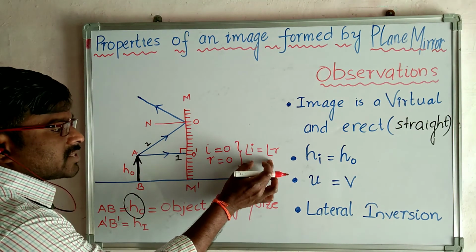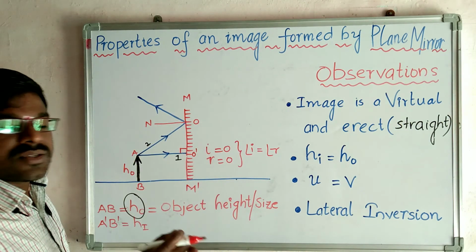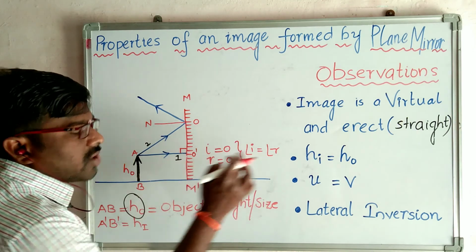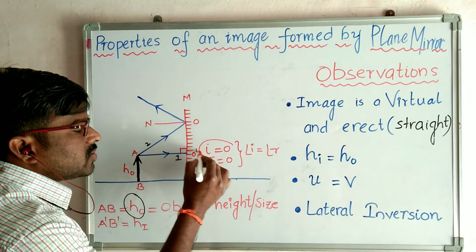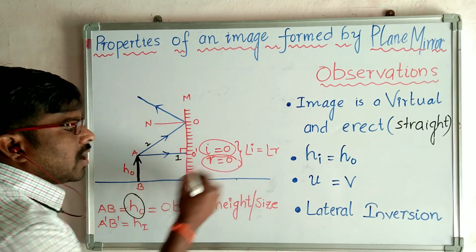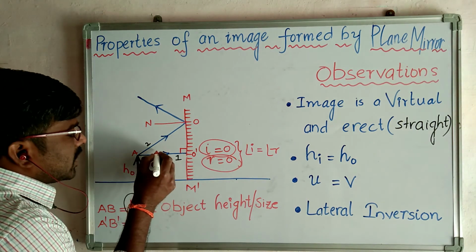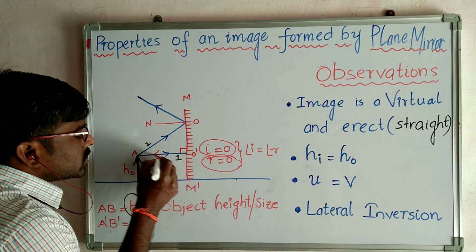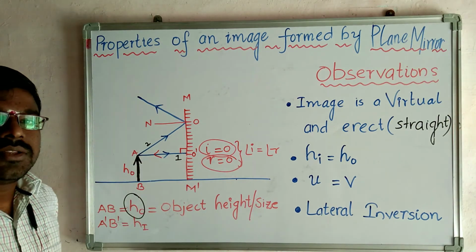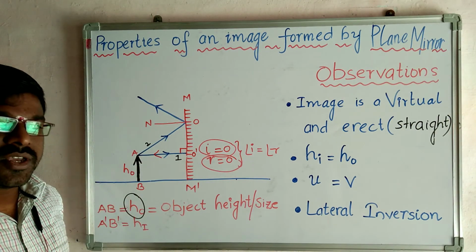You know the laws of reflection. As i is equal to 0, definitely r must be 0. So the reflected ray moves along the opposite path, which means it retraces back. The red mark is known as the reflected ray.